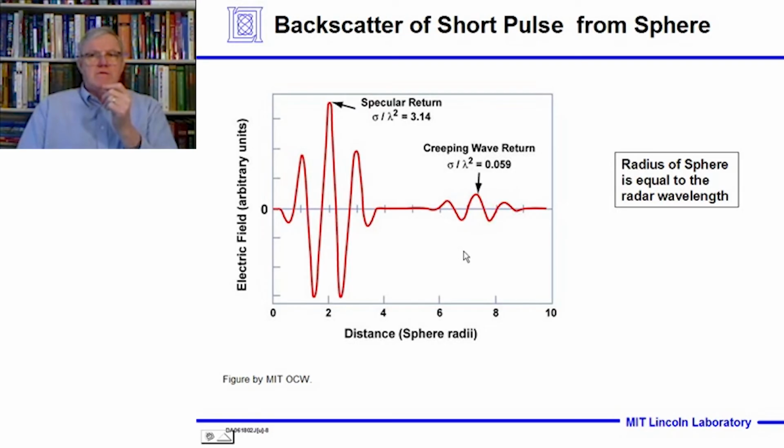Now what's happening with this creeping wave? If you take a very, very short pulse and you send it off to a sphere, and then look at what happens as that electromagnetic wave interacts with the sphere.